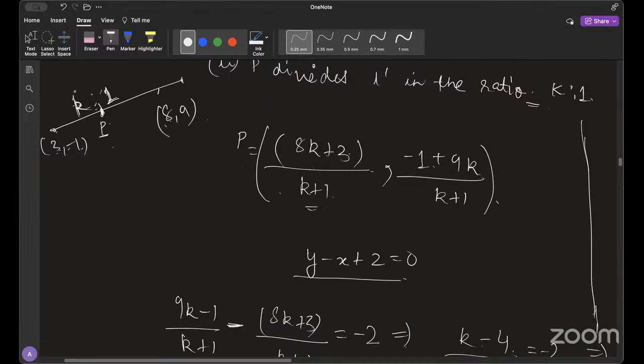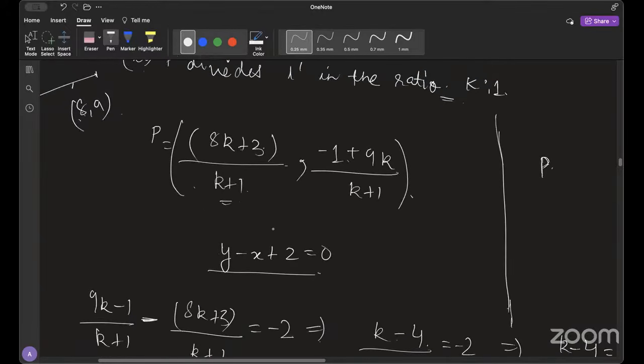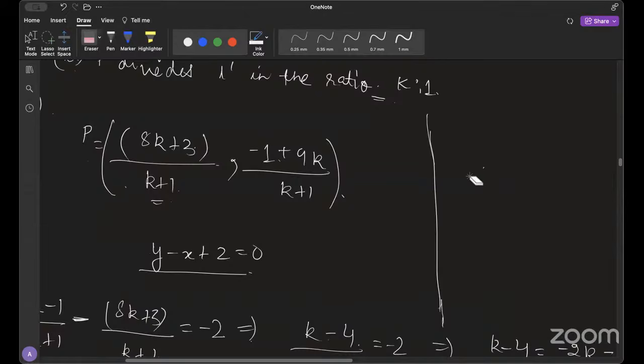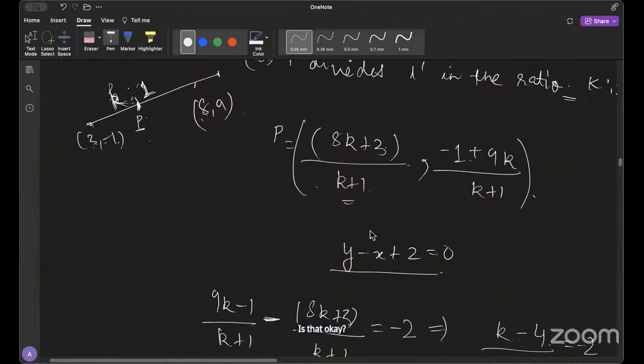If others are able to hear clearly. Please, we can move to the next question. Yeah, maybe they're typing something. Yeah, the other method is similar to what the other person suggested when we were doing it, and not similar. It's the exact same method. Is that okay? Okay.